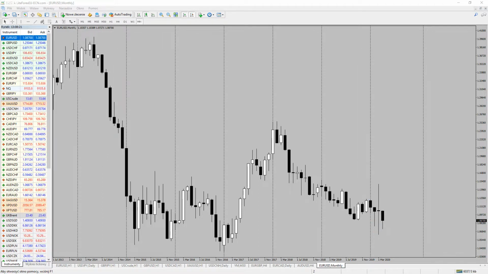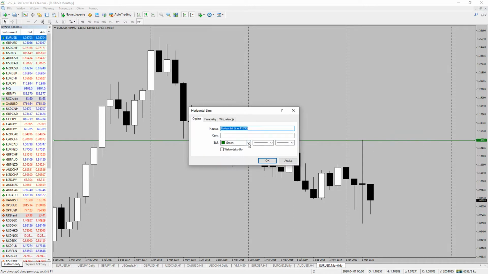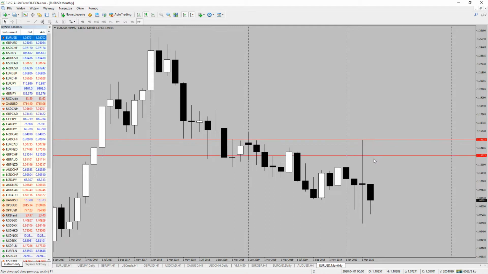The March candle, the March volatility, the range, it's a typical high wave candle. So for now, in my opinion, we might see this type of range.